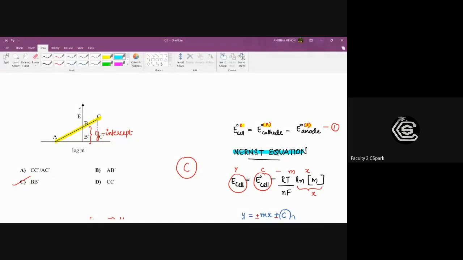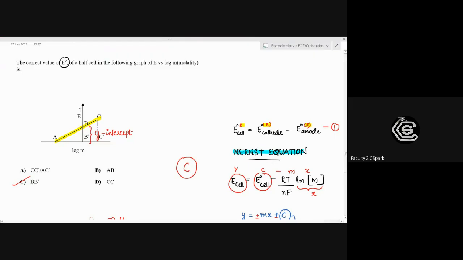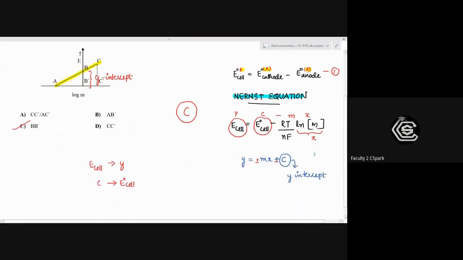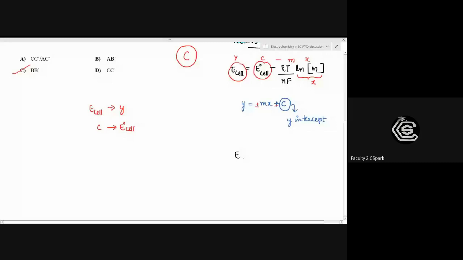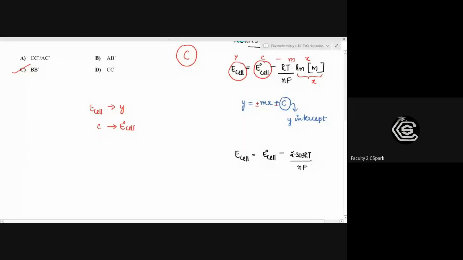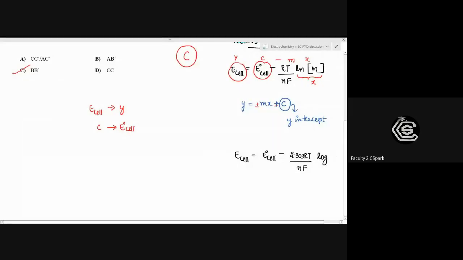Okay. Now, just in case of confusion, we have written it in terms of ln m. You can convert it to log, no problem. Just one more equation so that ln and log, it is like this, that's all. E cell is equal to E naught cell minus 2.303 RT by NF log m.